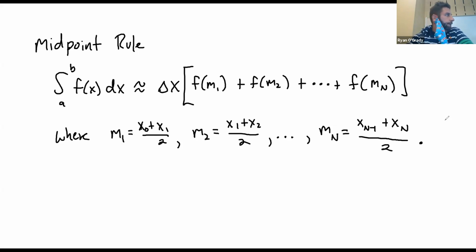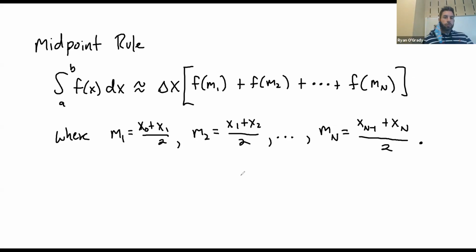Yes? Well, it's not similar to the trapezoid rule. These are still rectangles. What do you mean by similar? No. So the 2's in the trapezoid rule show up in the actual formula. They show up here, these halves.